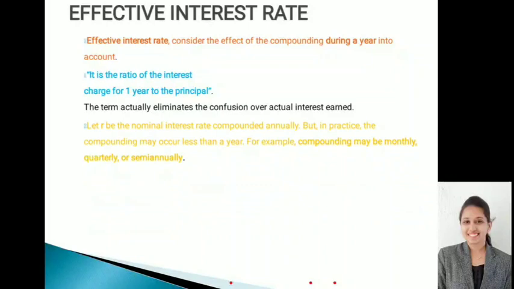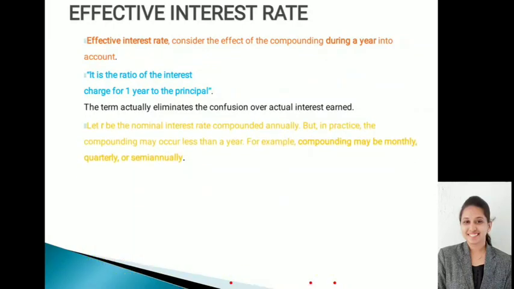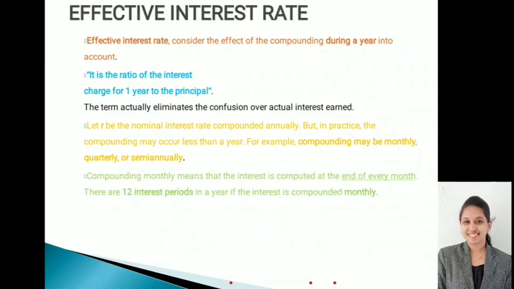So if we consider r to be nominal interest rate compounded annually, but in practice the compounding may occur less than a year. For example, compounding may be monthly, quarterly, or semi-annually. Compounding monthly means the interest is computed at the end of every month. So this is important.